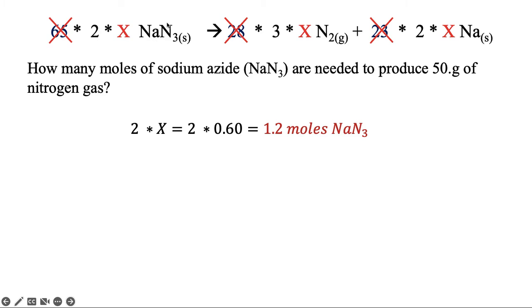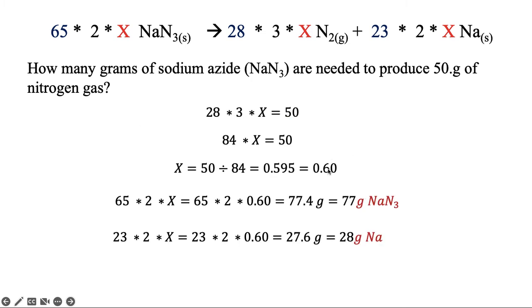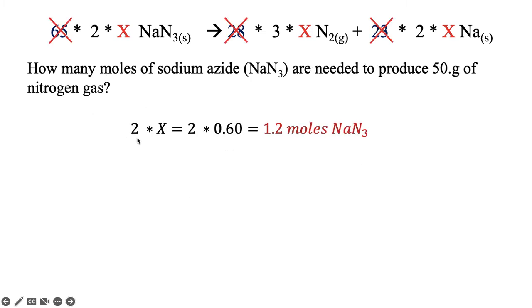For sodium azide here, I have 2 times X, and my X is still 0.6. So 2 times 0.6 gives me 1.2 moles of sodium azide, and I can just stop there. I don't need to multiply by 65, which would give me the amount of grams. In this case, I can just stop at 1.2 moles.